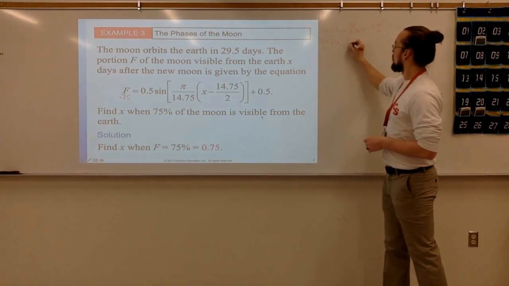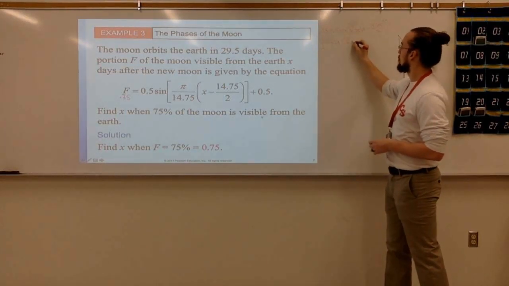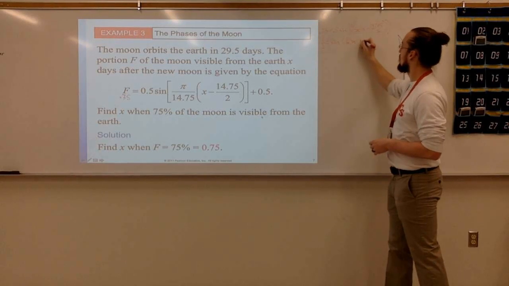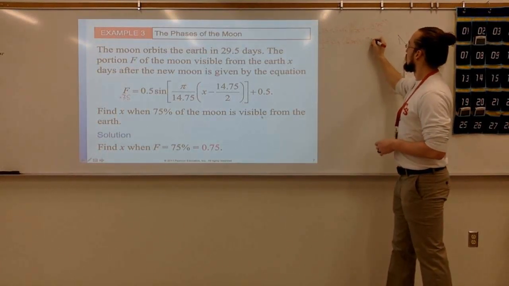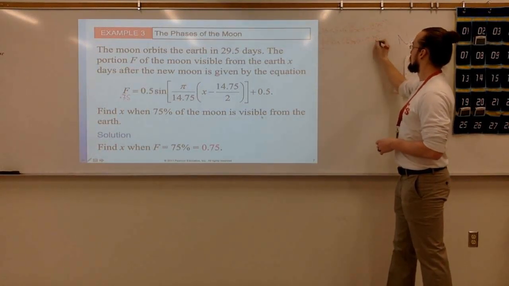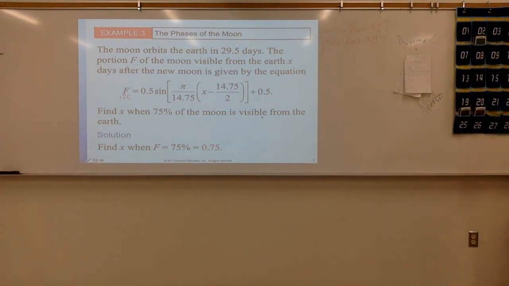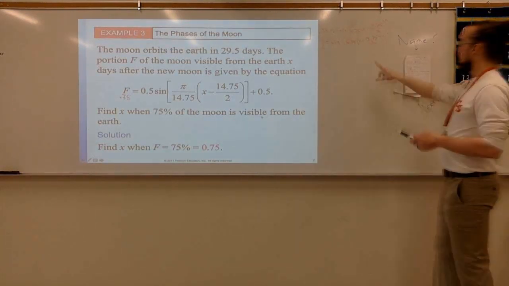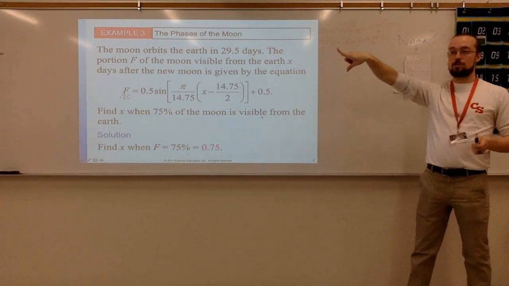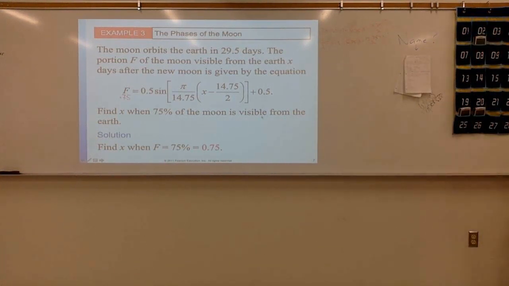So we still have all this on the inside: pi over 14.75 times x minus 14.75 over 2. Now we have our trig function by itself. We have sine by itself. So now we want to go to the unit circle and see where sine is equal to 1/2. So where is sine equal to 1/2?